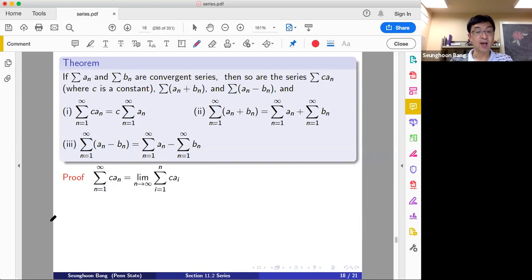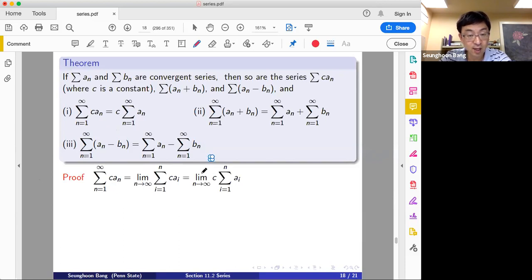You can change it using limit and partial sum. The limit as n goes to infinity of the summation from i equal to 1 to n of c times ai. Next, we have a partial sum, so you can use the property of partial sum and take out c: limit of c times the summation i equal to 1 to n of ai.